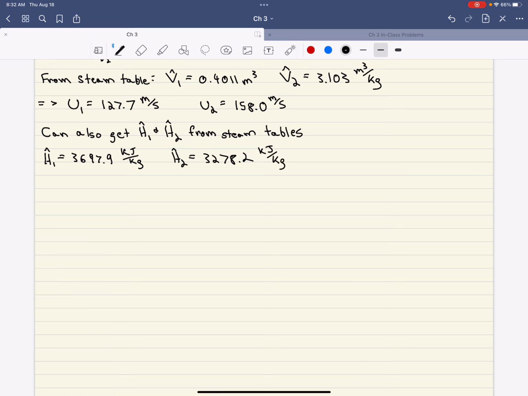Alright, so now we have basically everything we need to solve our energy balance. So let's go back to the energy balance equation 2. And we can rearrange it to solve explicitly for the shaft work.